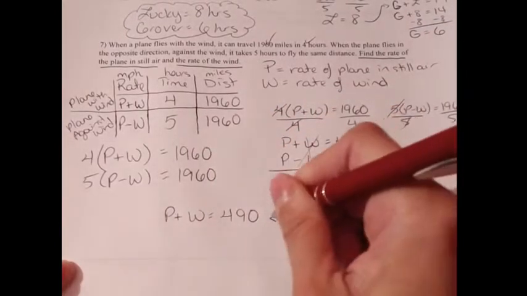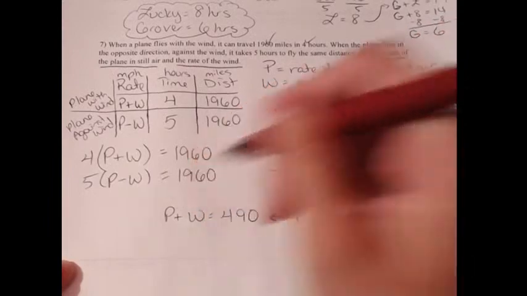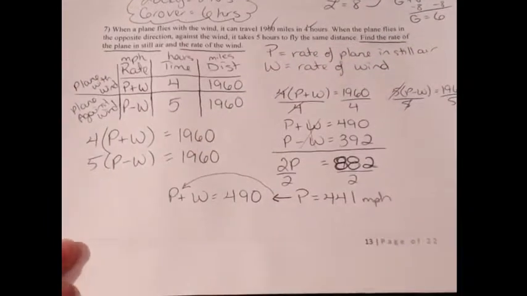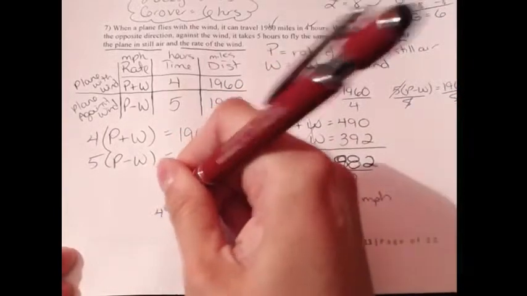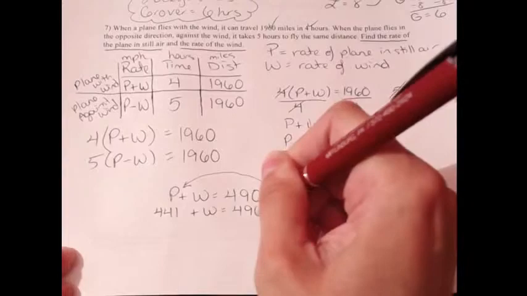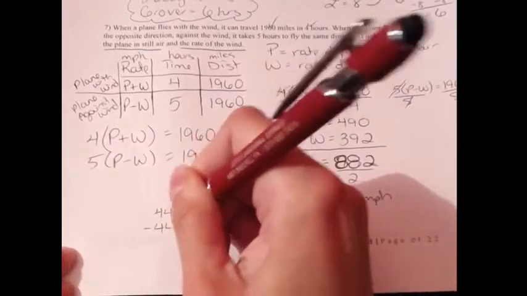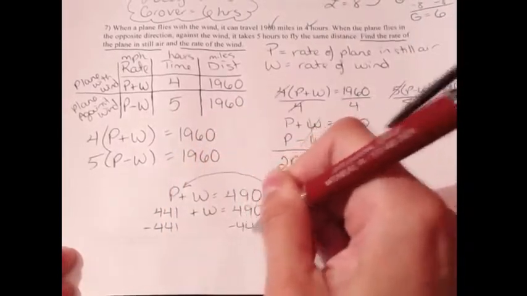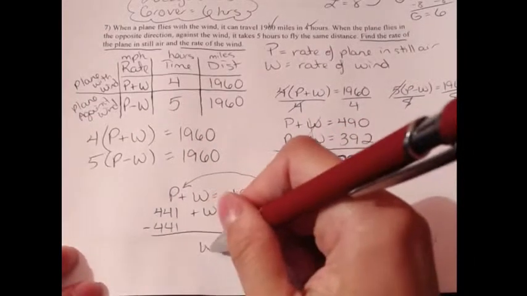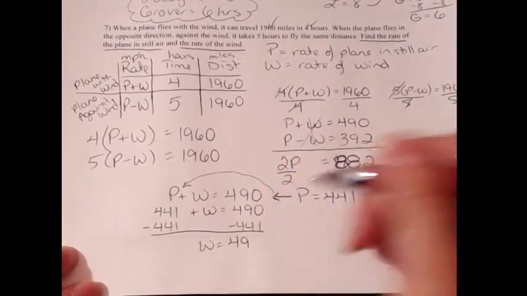We know what P is. P is 441. So essentially we're going to plug our 441 in for P, and then we're going to solve. 441 plus W, which is the rate of the wind, equals 490. We're going to subtract 441. And we're going to find that when we take 490 and subtract 441, the wind is 49.